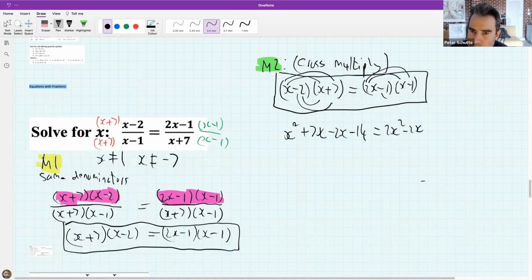And then, yeah, these are the two different methods that you can use to get to the same place.